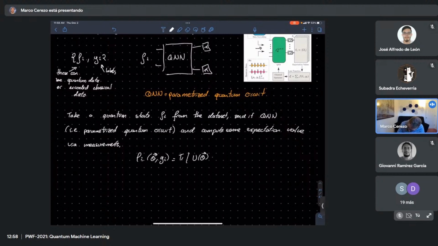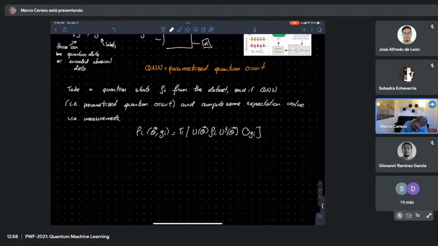Apply the source state rho_i and measure some operator that maybe depends on the label associated with that given state, right? Then we're going to take those measurement outcomes and compute the loss function.